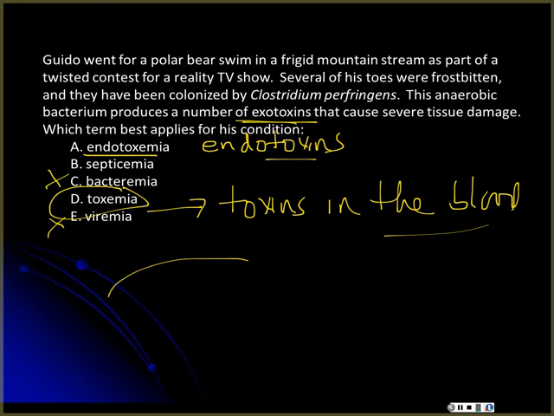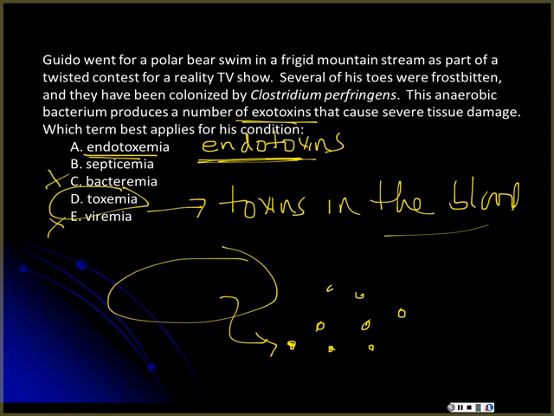And exotoxins, remember, here's your bacterial cell and it's secreting these toxin molecules. Those are proteins. Those get into your body fluids, bloodstream, and can travel elsewhere in the body. And when that's happening, you have toxemia. Endotoxemia refers specifically to endotoxins. And then what group of bacteria have those?